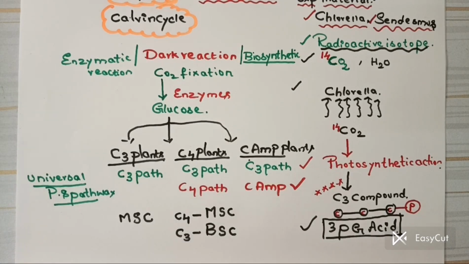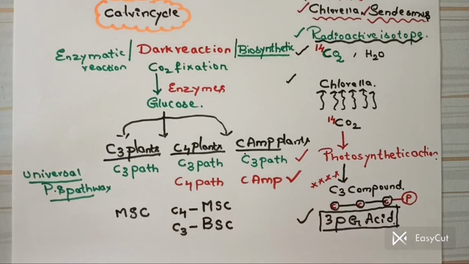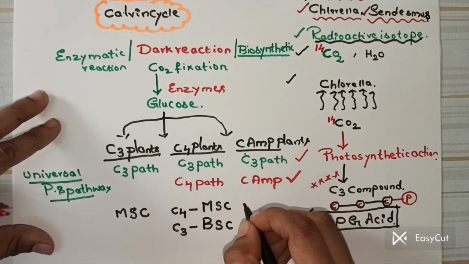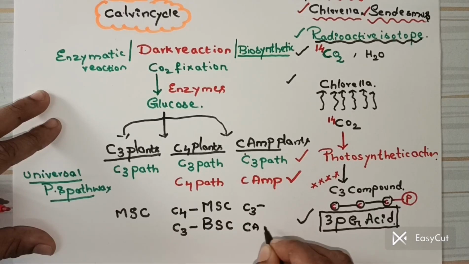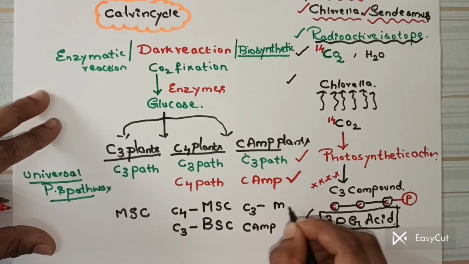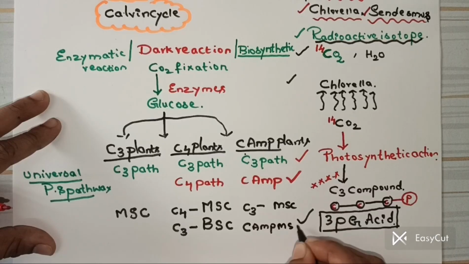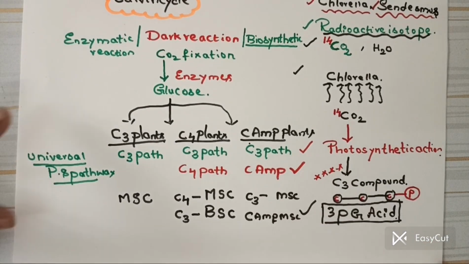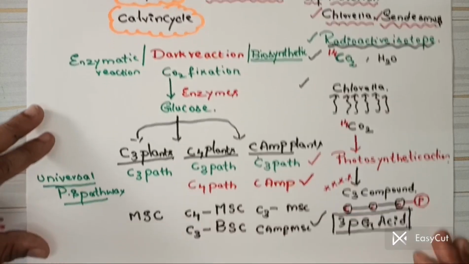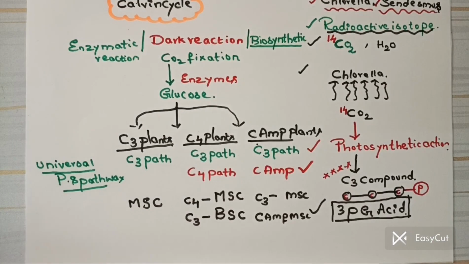Bache, I understood that you are feeling so confident. But CAM plants perform the C3 pathway and the CAM pathway in the mesophyll cell, the same compartment. Did you understand? Yes, bache, this is very easy. The only thing needed is a lot of patience while studying.